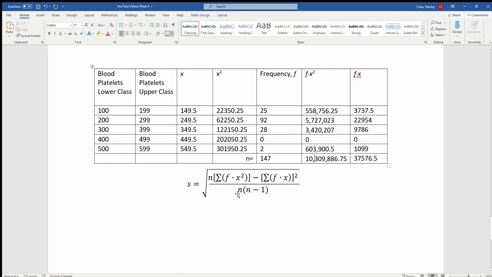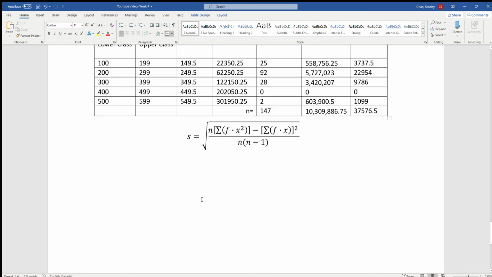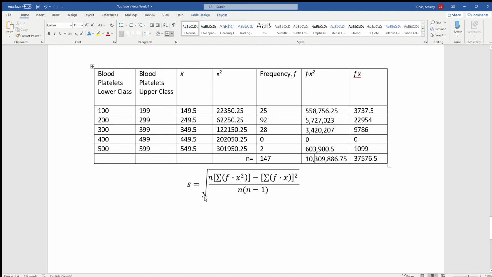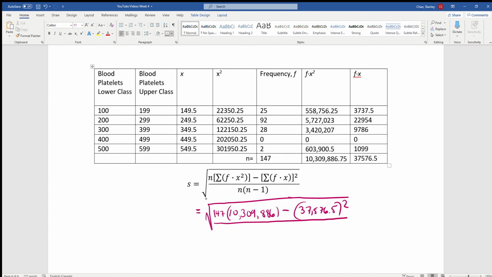The standard deviation equals the square root of n, which is 147, multiplied by 10,309,886 subtract 37,576.5 squared, divided by 147 times 146.